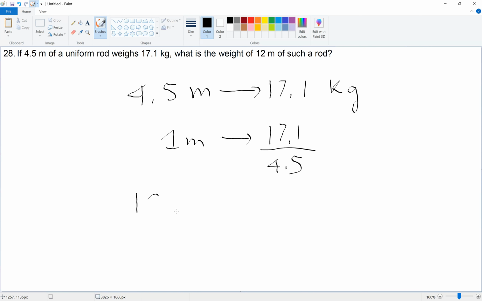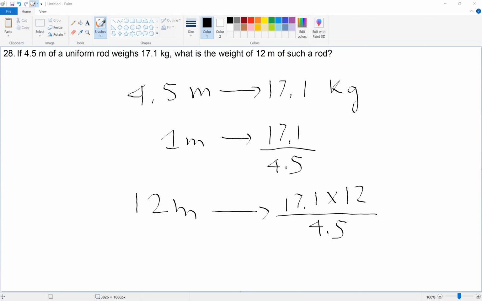And it's 12 meter. This would be 17.1 times 12 over 4.5. This one is straightforward. 17.1 times 12 divided by 4.5. So it's 45.6, if I did the calculation right.